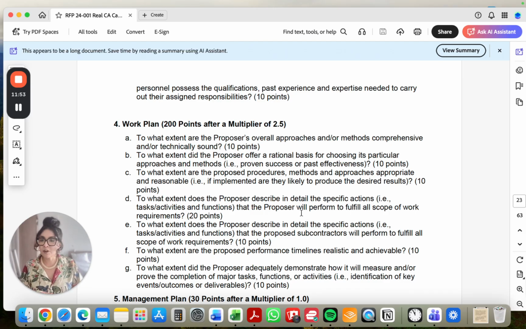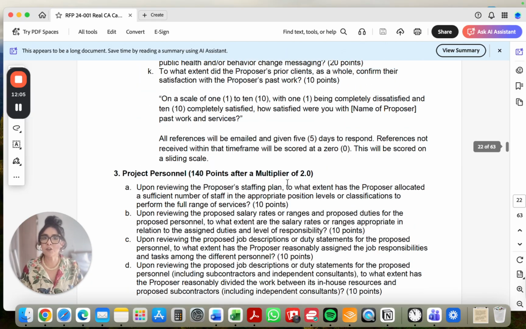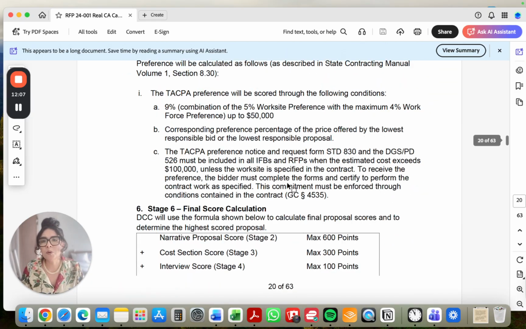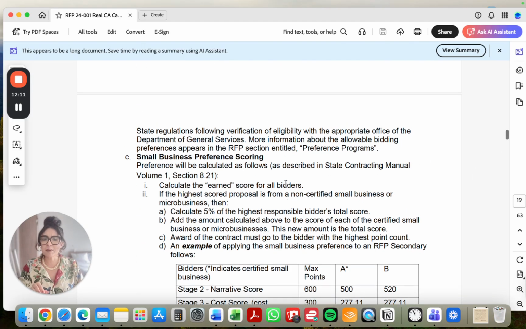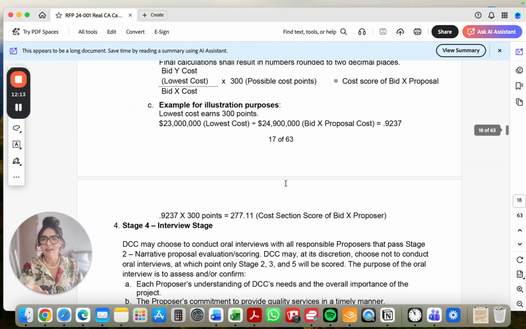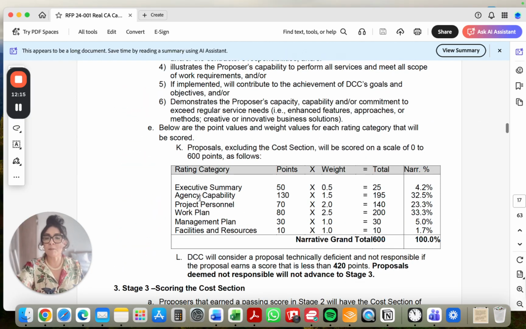Also, like I said earlier, mirror the language, especially from the scope of work. Mirror that language and mirror the outline of the RFP inside your technical proposal. So you can go through the entire RFP, but this is a starting point. In this RFP, they give you the sections.